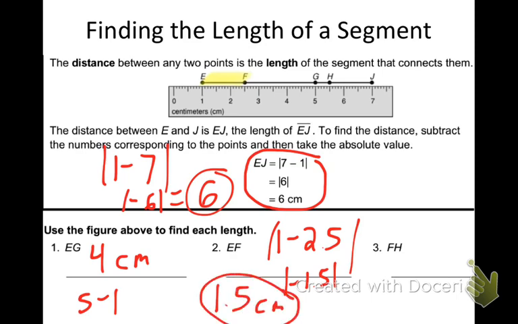Could I have done 2.5 minus 1 there? Same thing, right? Last one, FH. Anderson, how would I find the length of FH? You take 5.5 minus 2.5. Nice job. So there's finding the length of segments.